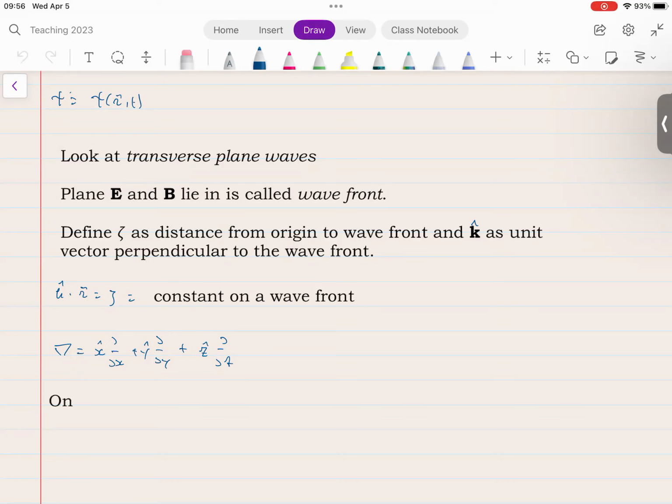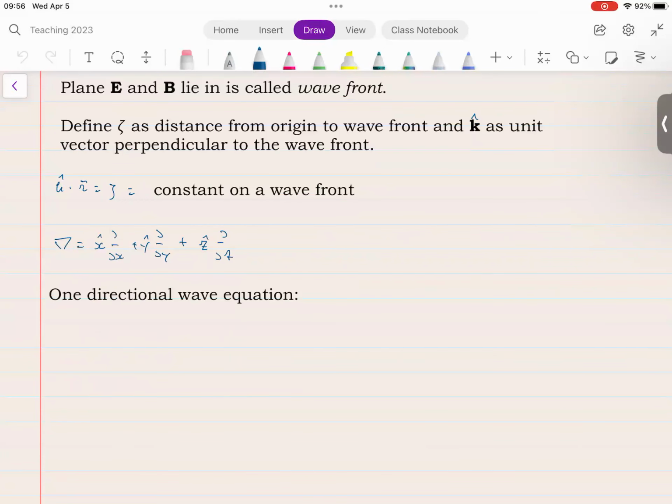Sorry, so one-directional wave equation given by the second derivative of psi with respect to zeta minus 1 over c squared second derivative of psi with respect to time equal to 0.